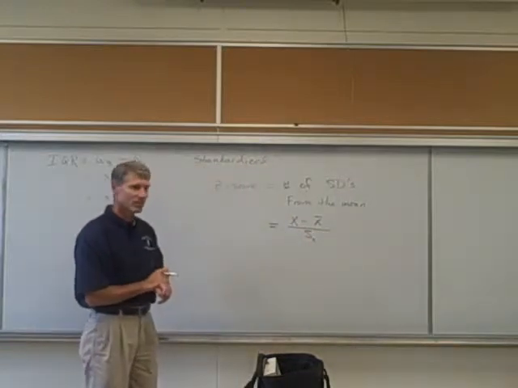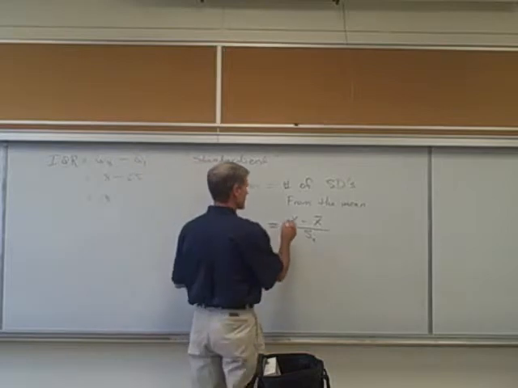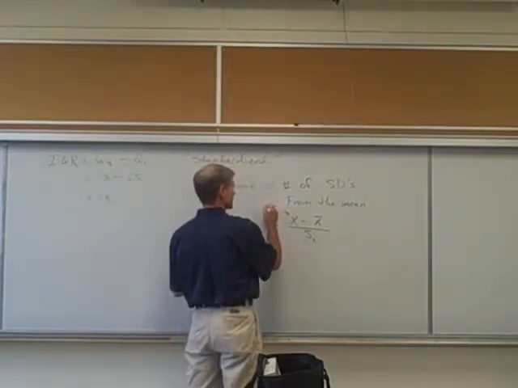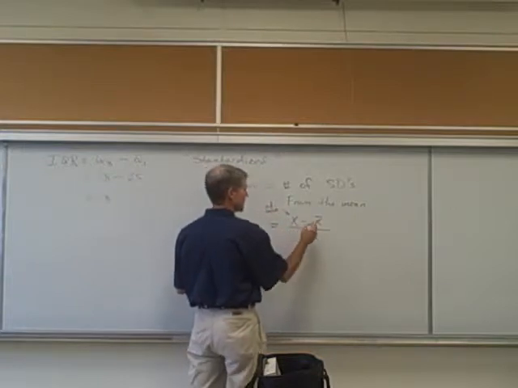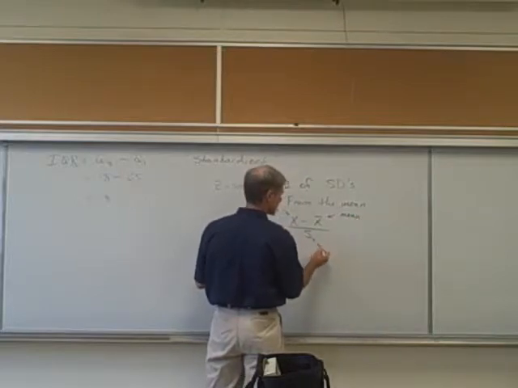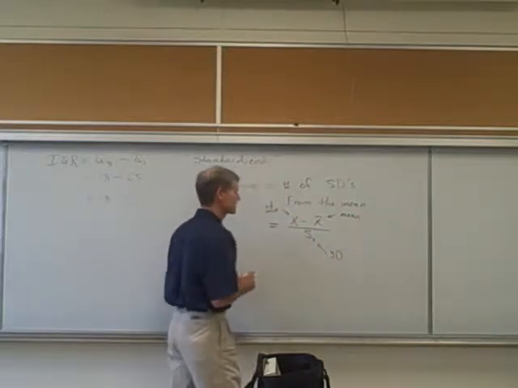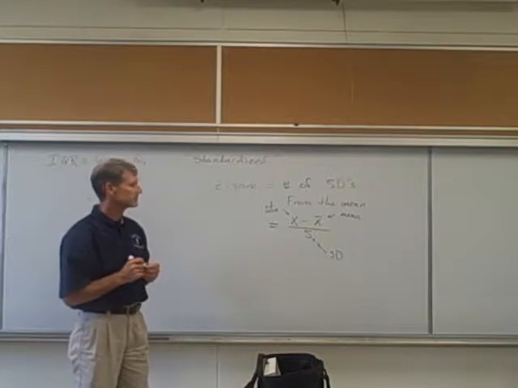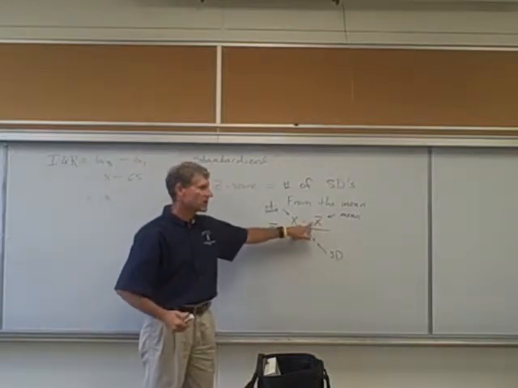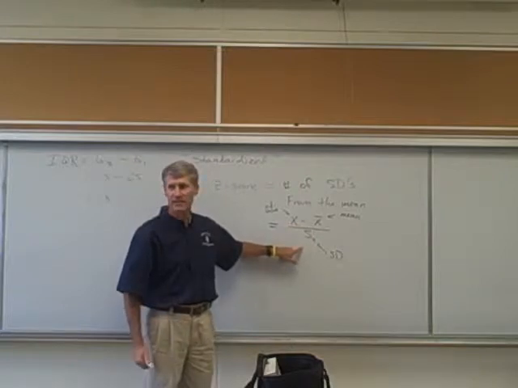So in terms of symbols, this is the individual value, x, minus the mean, divided by the standard deviation. Sometimes you'll see this written with x bar and s_x, like I did.